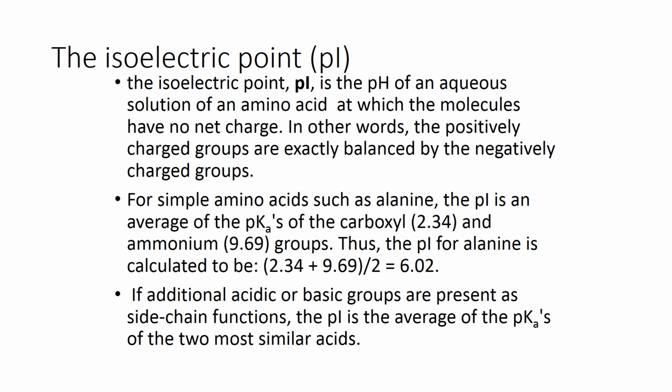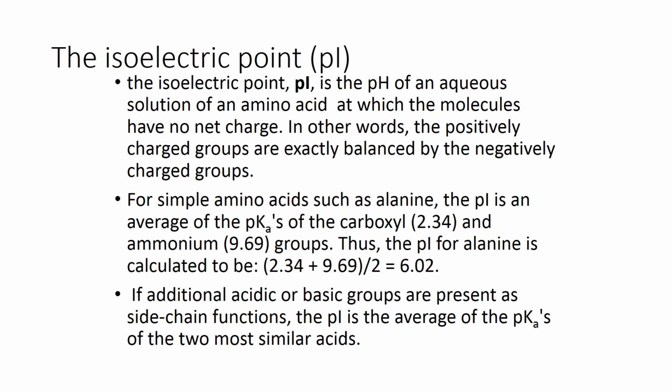Thus, the isoelectric point for alanine is calculated as 2.34 plus 9.69 divided by 2, equal to 6.02. So the average of pK1 and pK2 is the isoelectric point, where the amino acid has no net charge but has full charges.